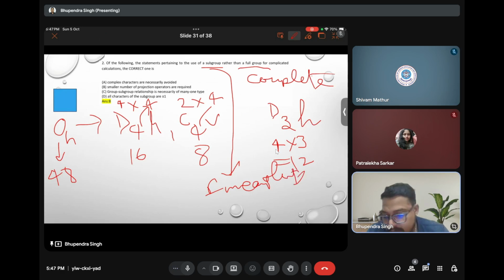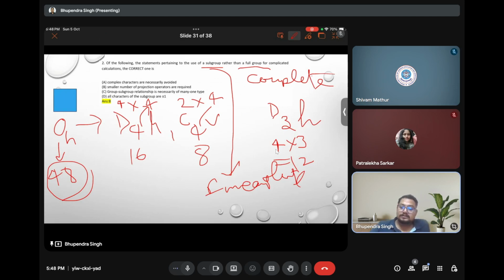So if the point group is octahedral, and you want to find the projection operator applying on some bond, the question is asking what we yield, like the previous question.